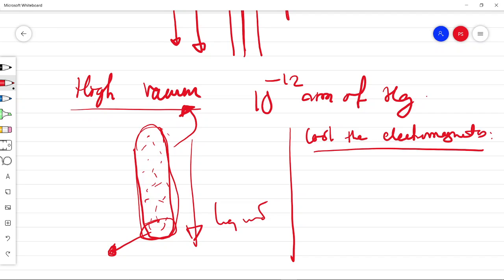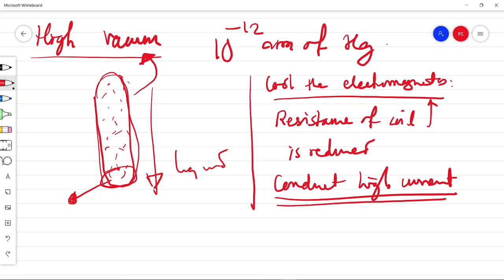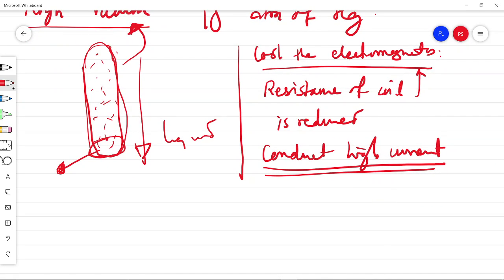Since liquid helium reduces the resistance of the coil of these electromagnets, it helps them conduct high current without the heating effect associated with the oscillating electrons inside the conductor.